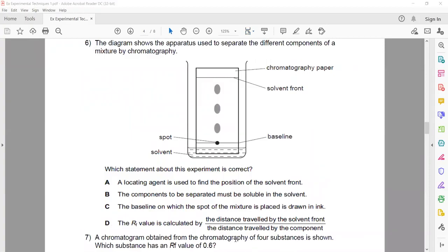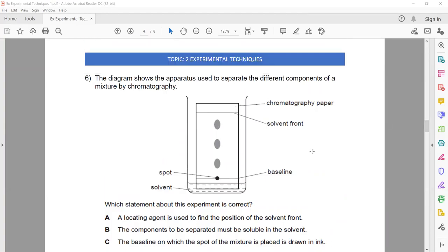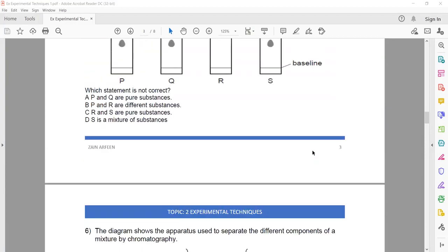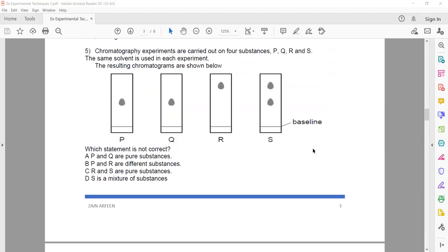My question is that in Google it's written that solubility does not affect the distance. Solubility of a component in a solvent does affect the distance. It depends on both factors, the forces between the mobile and the stationary phase, as you will find when you study in detail.